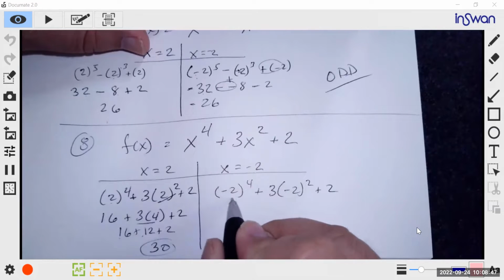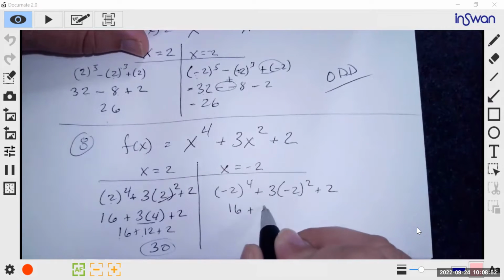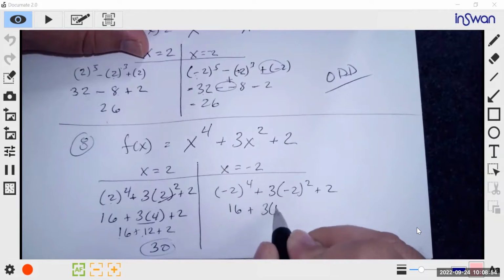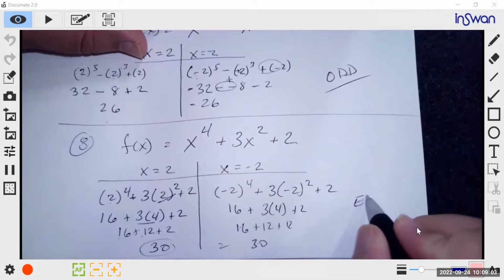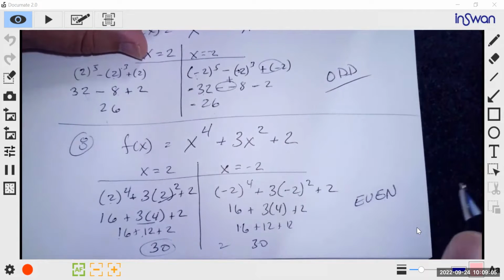So this is negative 2 to the 4th, so it should be positive 16. Negative 2 squared is positive 4. 16 plus 12 plus 2 is 30. Even. Yeah.